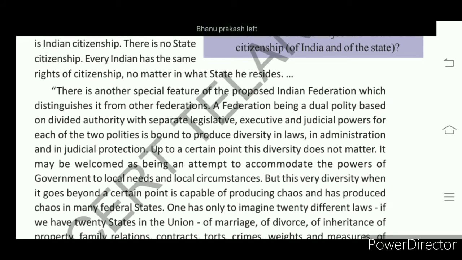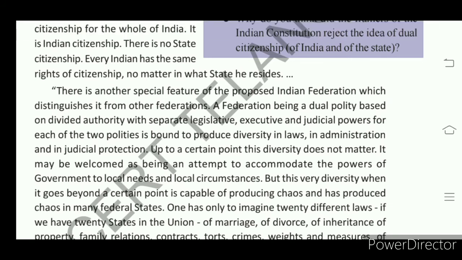So Ambedkar made a special arrangement here. That is, we have only dual polity, but we do not have dual judicial system. We have single judicial system. It means that lower courts at a district level, mandal level, are the part of the high court, and high court also at a state level is a part of the Supreme Court.